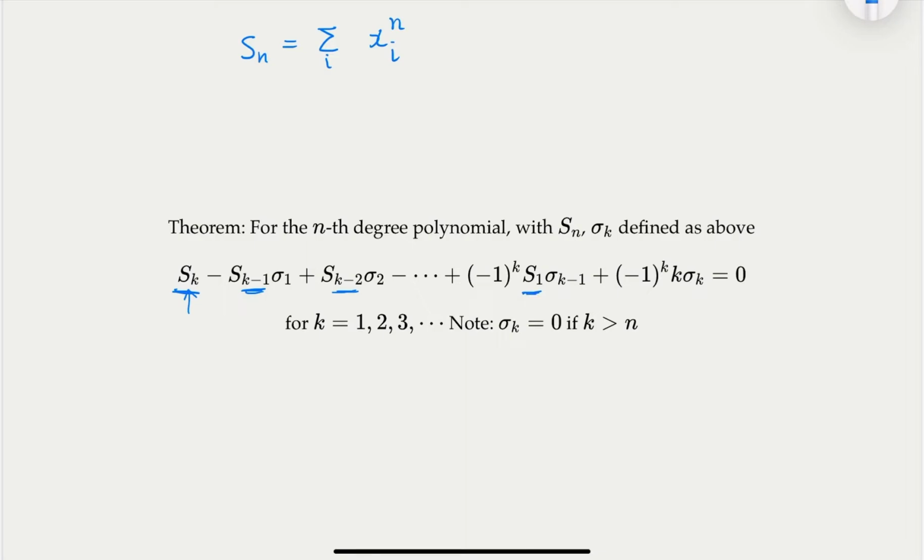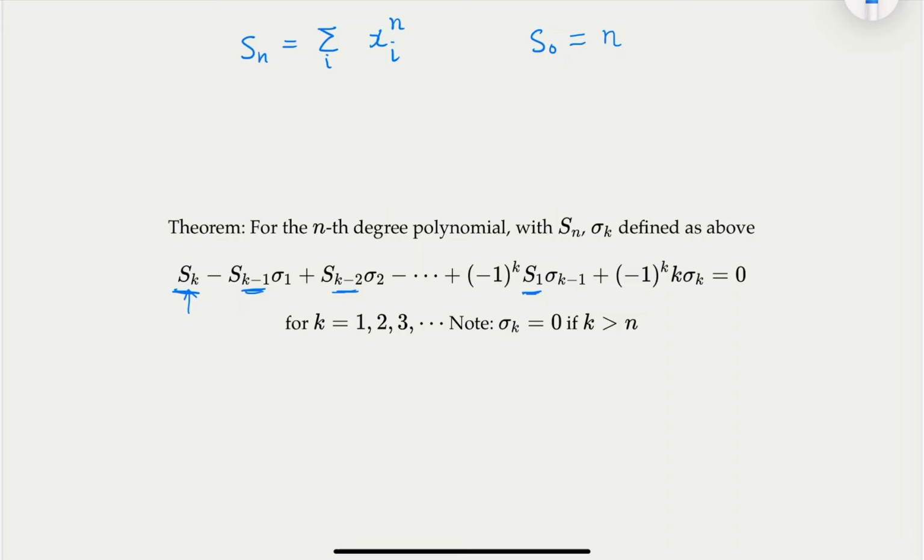Remember that S0 usually is just adding up to the zeroth power, which in this case, for the roots, would be n. There are n of them, right? That's important to know for the degree n.